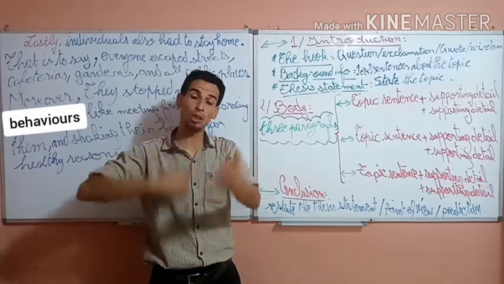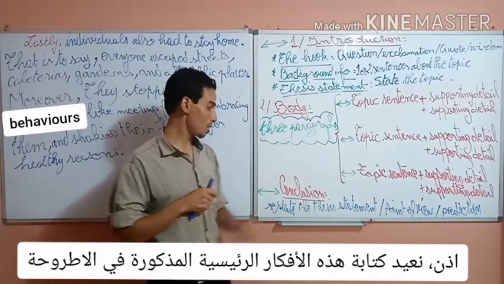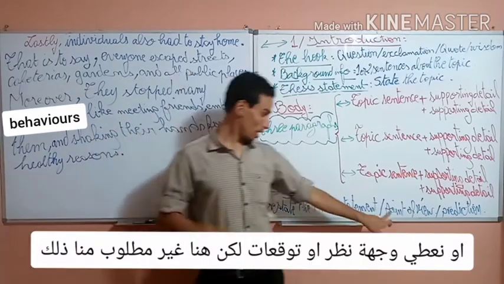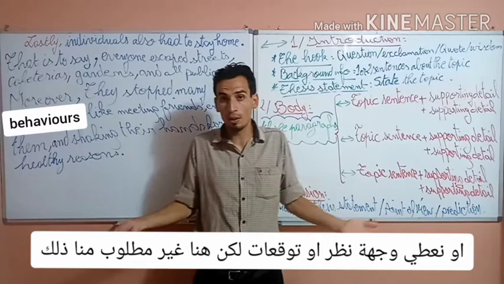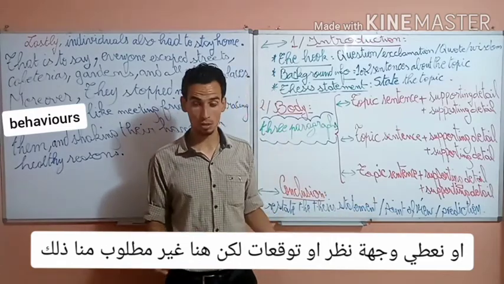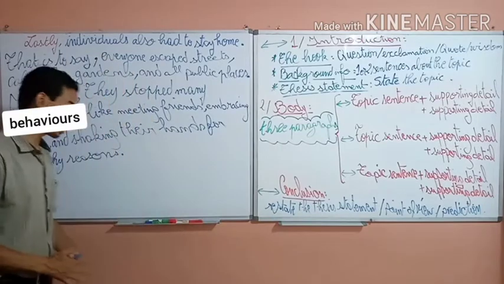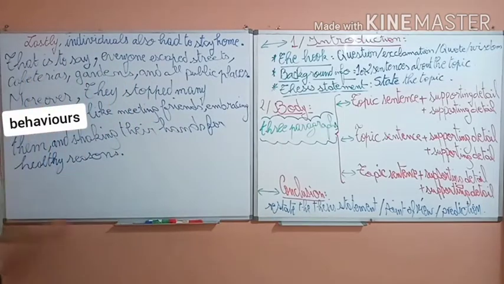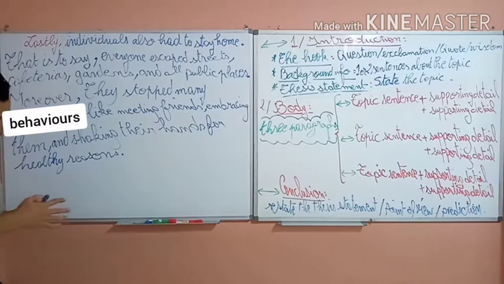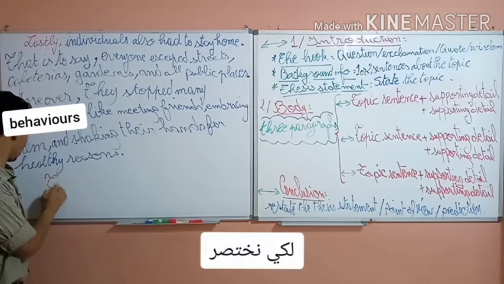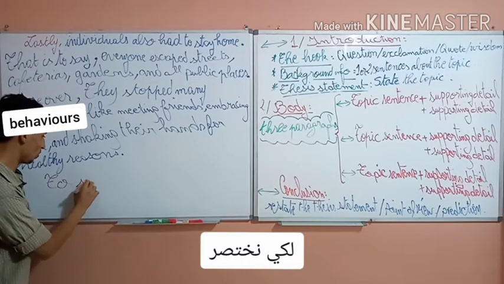So we rewrite these three main ideas mentioned in the thesis statement. Or we give a point of view or a prediction, but here we are not giving a point of view or any prediction. So we rewrite the thesis statement. So what can we say? In the conclusion, we also write another transition, which is, for example, to summarize, so we have indentation.